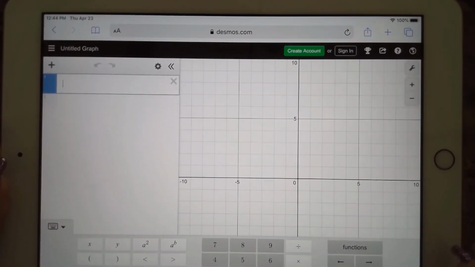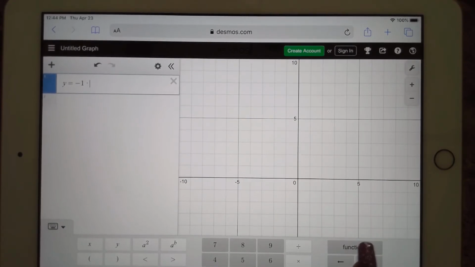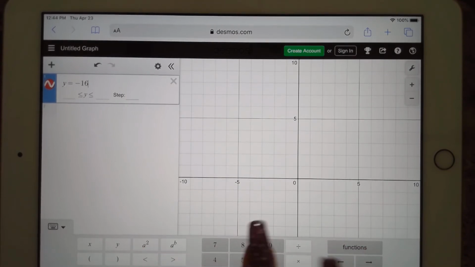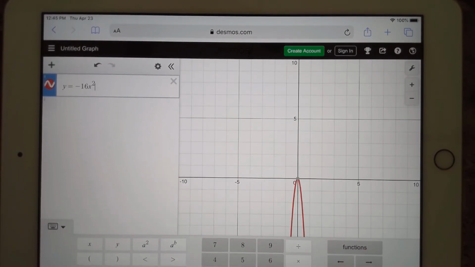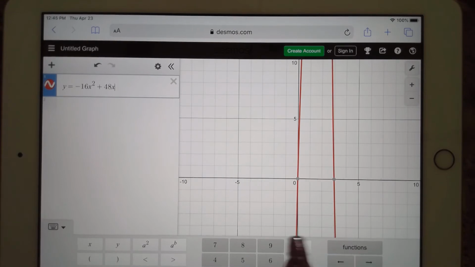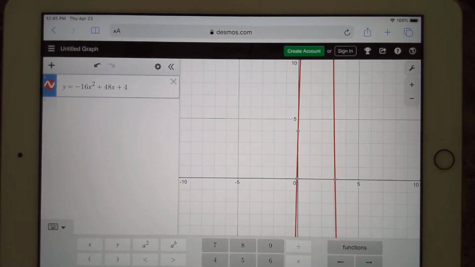So our equation was y equals negative 16 x, oops, I apologize. Negative 16 x squared plus 48 x plus 4. Okay, that was our equation.